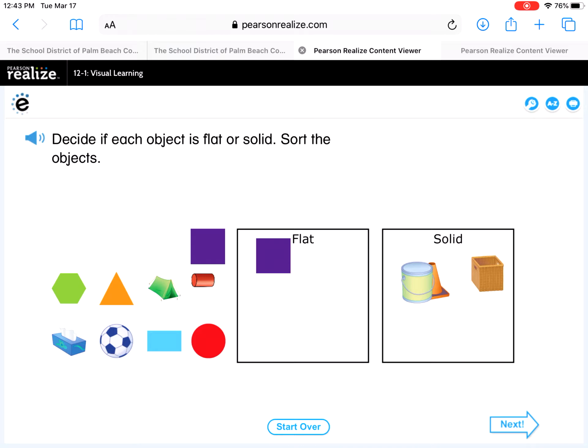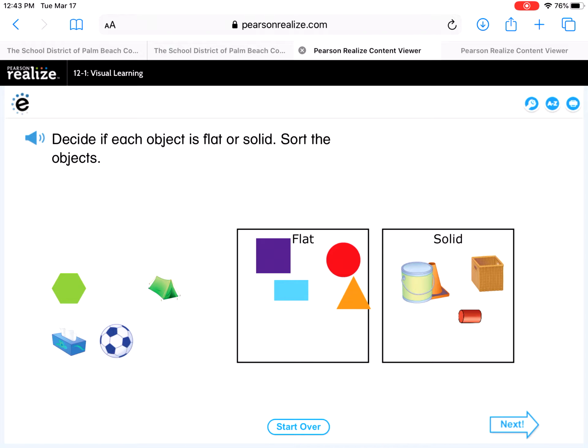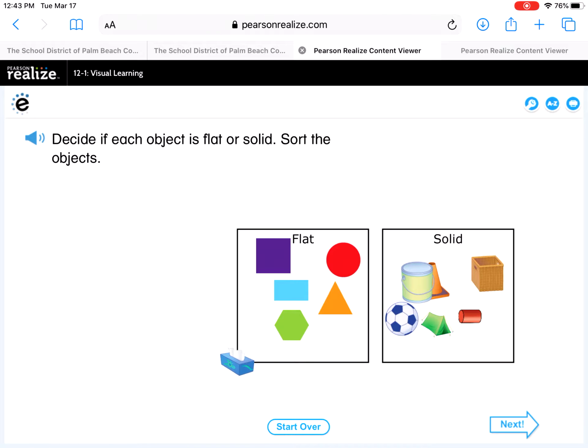Then over here I have another little round cube. It's like a cylinder that's going to go in solid. Circle, flat. Rectangle, flat. Triangle, flat. Hexagon, flat. A tent, I can see the side and the front. Solid. Soccer ball, solid. Tissue box, solid.